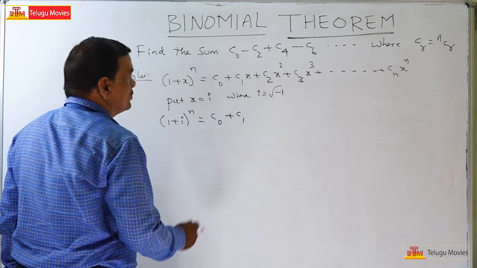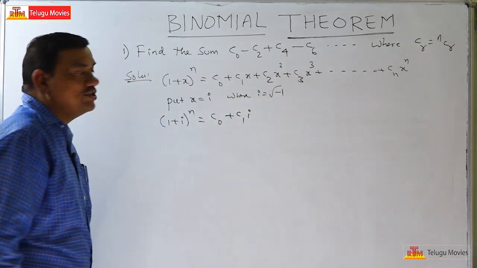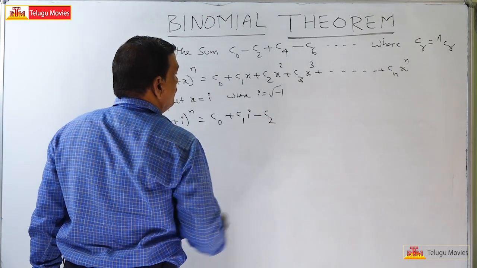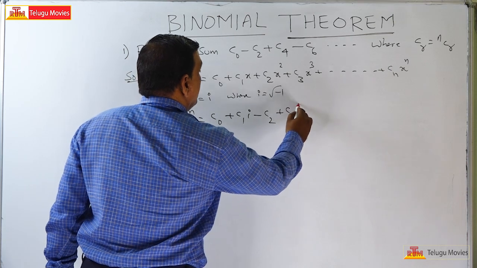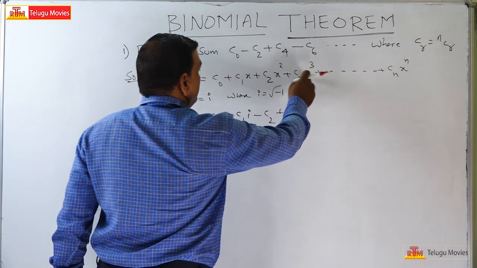Then C2 i square, and i square means minus 1, so this is minus C2. Plus C3 i cube.